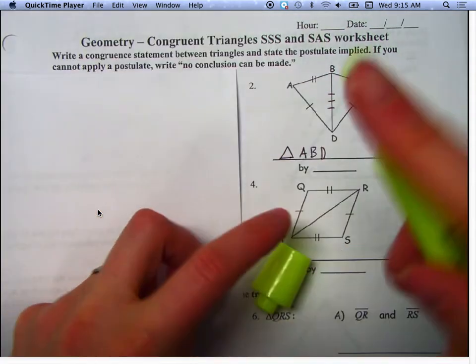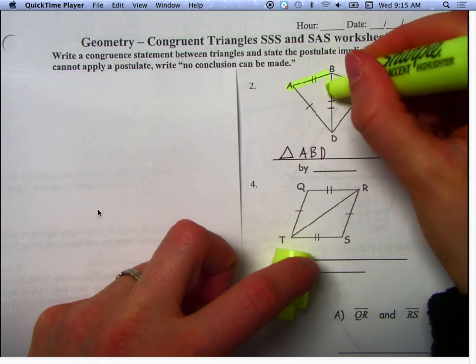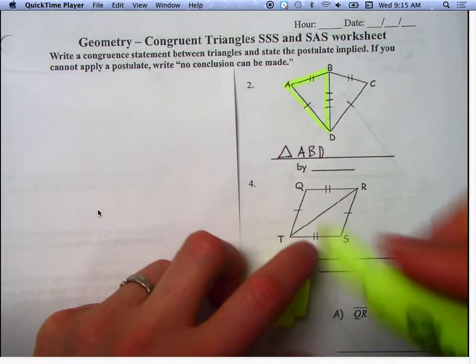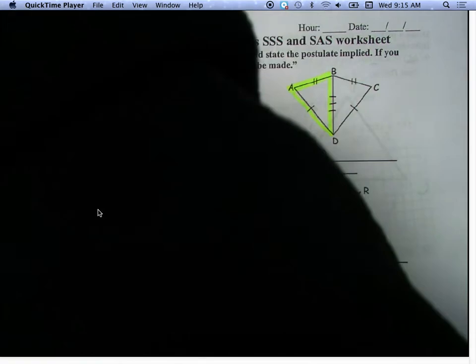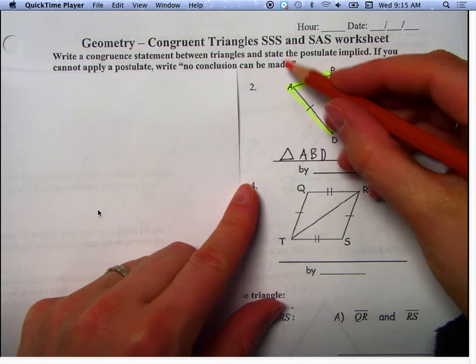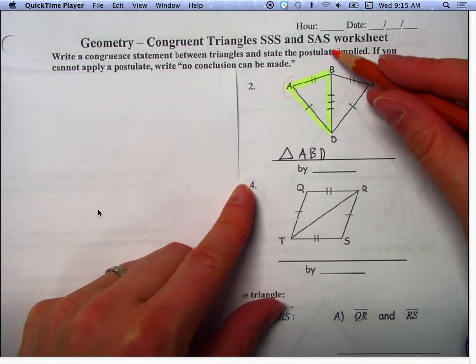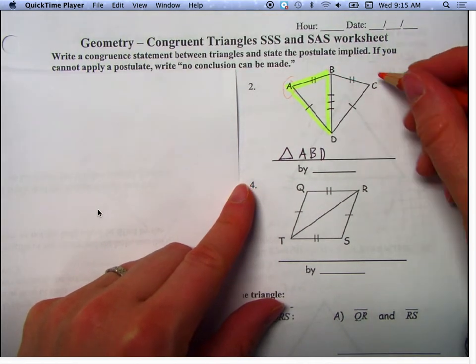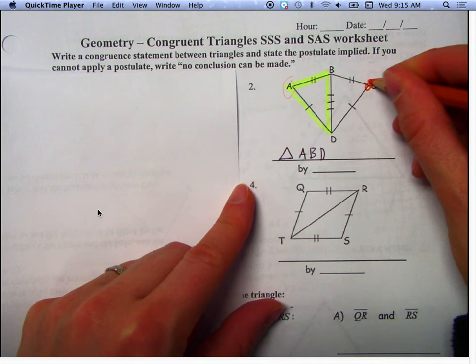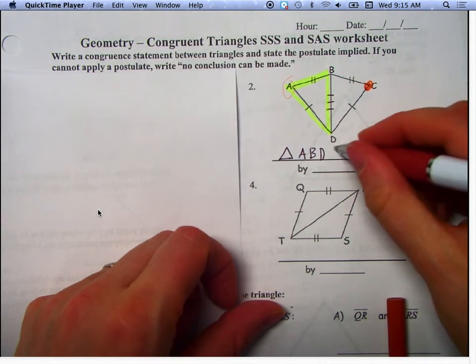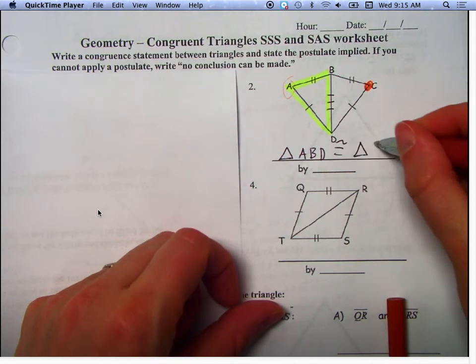I said A, B, D when I was talking about a triangle. So for the other side, I have to say it in that order. I started with A. Which one matches A over here? C, B, or D? C. So I have to say C first.